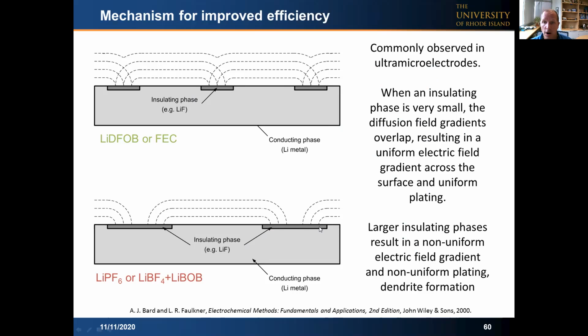However, if we have larger insulating phases, so larger particles of lithium fluoride, these result in non-uniform electric field gradients across the surface of the lithium metal and non-uniform plating, and therefore dendrite formation and poor cycling performance.